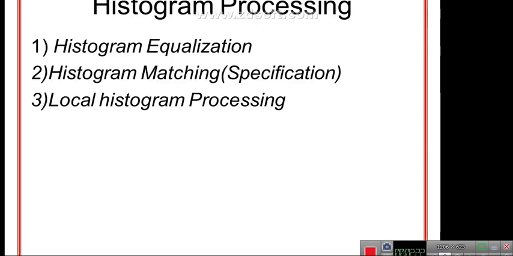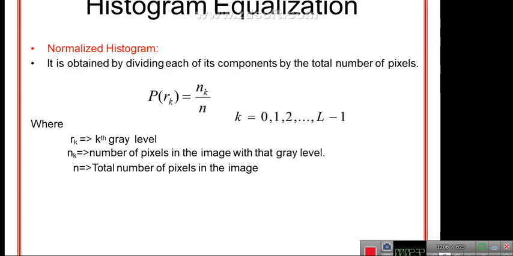Then one more concept, histogram processing. In that, three different techniques are there: histogram equalization, histogram matching, and local histogram processing. First, histogram means the number of occurrences of the pixels in a given image.